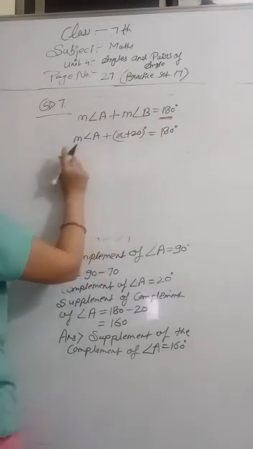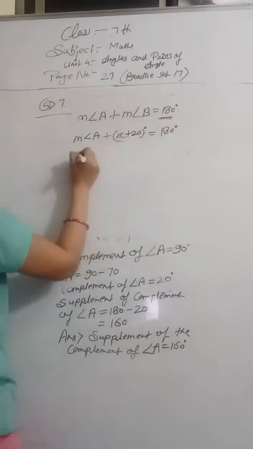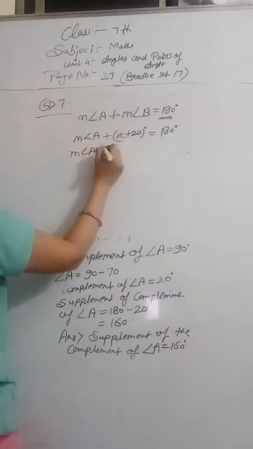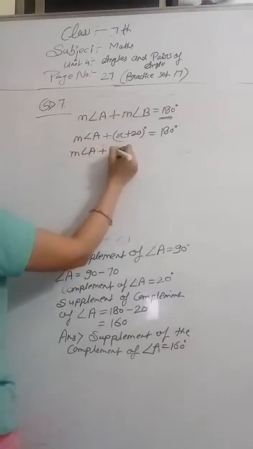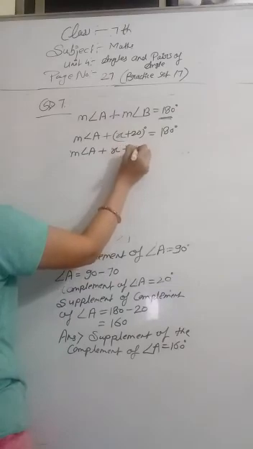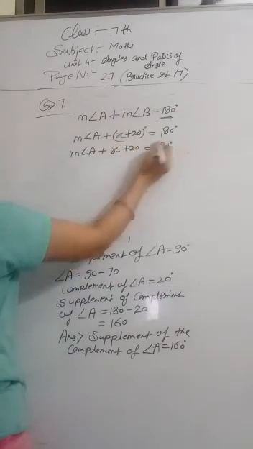Now measure of angle A plus x plus 20 equals 180. We take 20 to the side of 180, so minus 20.